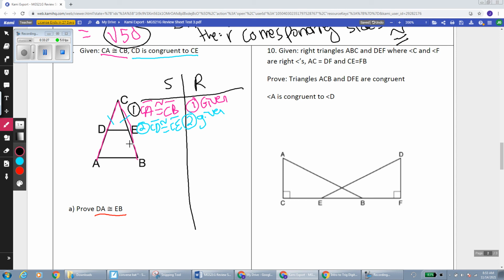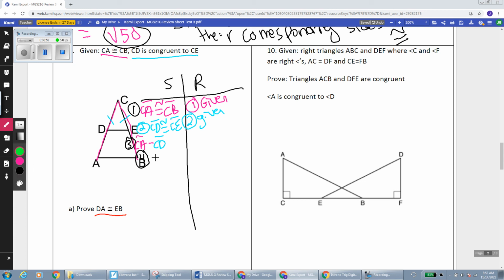So let's talk about what that's going to look like for step number 3. I'm just trying to give myself as much space as possible. Sorry that I'm writing on the diagram. So we're starting off on the side with CA. And from CA, we'll need to take away CD so that we're left over with the part that we want. And maybe it'll help if we just do step number 4 at the same time as step number 3, because CA, take away CD, leaves us over with DA.